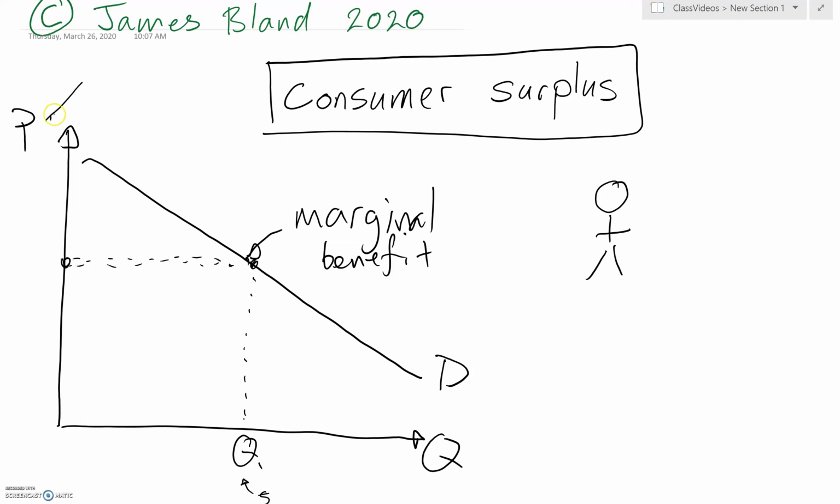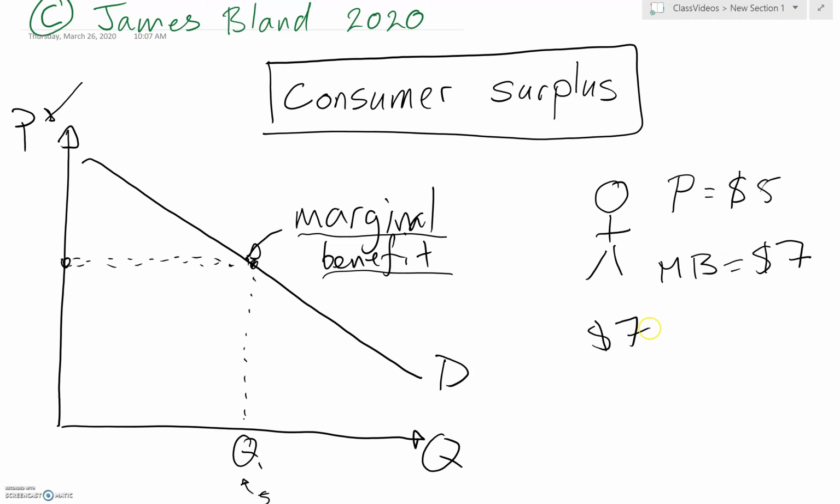I've got price here on the vertical axis, but when we're talking about a demand curve, this is also plotting marginal benefit. Okay, so suppose that this consumer decides to buy an item which costs $5. But if their marginal benefit is equal to, say, $7, then they are $7 minus $5 better off, right? They are $2 better off than had they not bought that item.